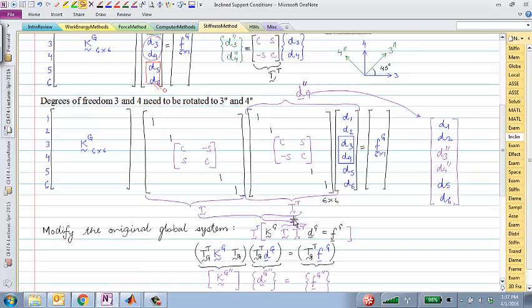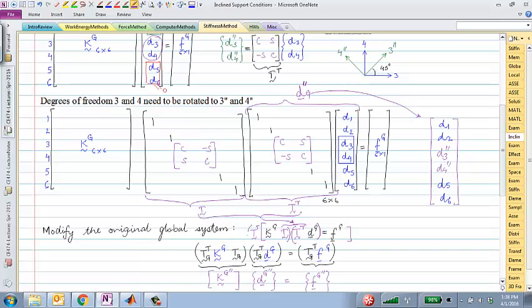So just by adding this T times T transpose in between K and D, or multiplying that between K and D, I can transform this T transpose multiplied with D. I can take these two quantities. So let me mark that as a parenthesis here. This quantity becomes a new D double prime displacement vector.